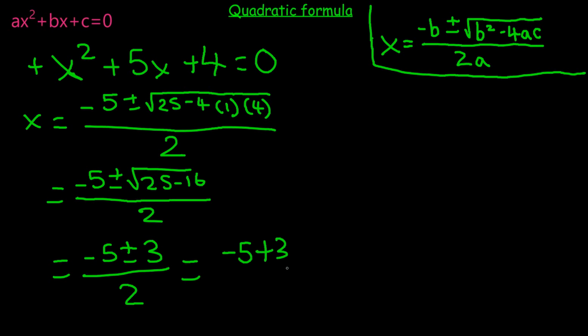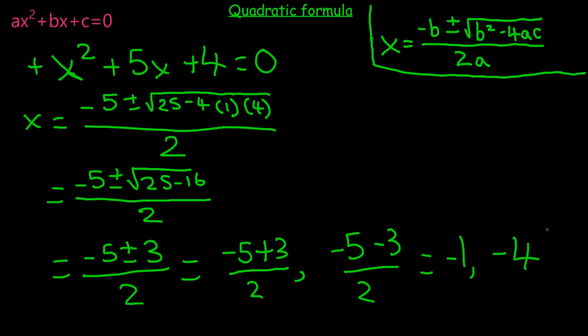So we have two solutions, negative 5 plus 3 over 2, or negative 5 minus 3 over 2, which is minus 5 plus 3 is minus 2, divided by 2 is negative 1, minus 5 minus 3 is minus 8, divided by 2 is minus 4.